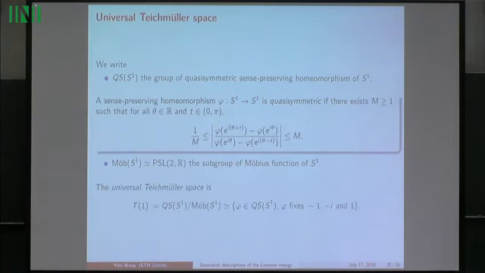And the universal Teichmüller space is the quotient of the quasi-symmetric group when we mod out the Möbius transformations.